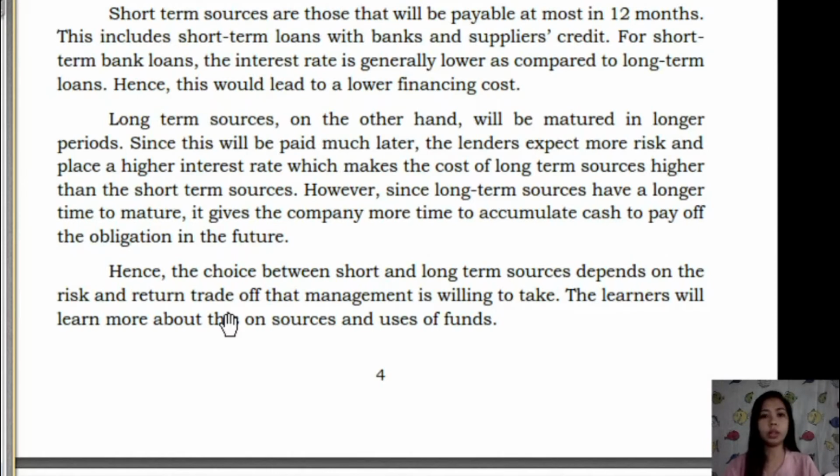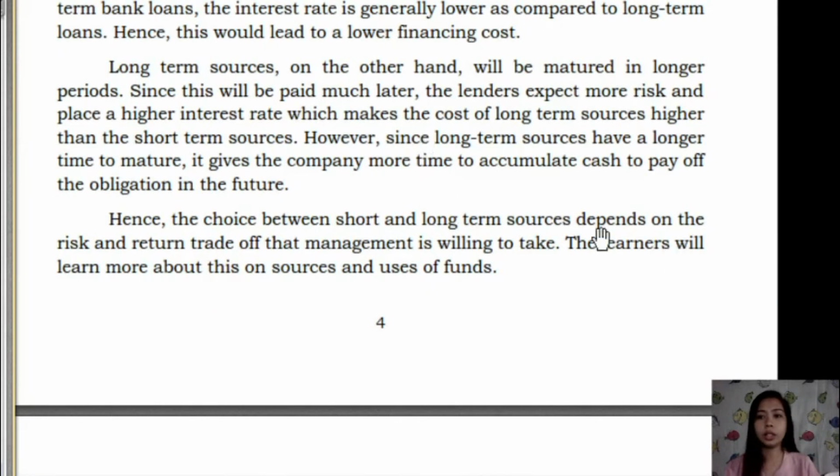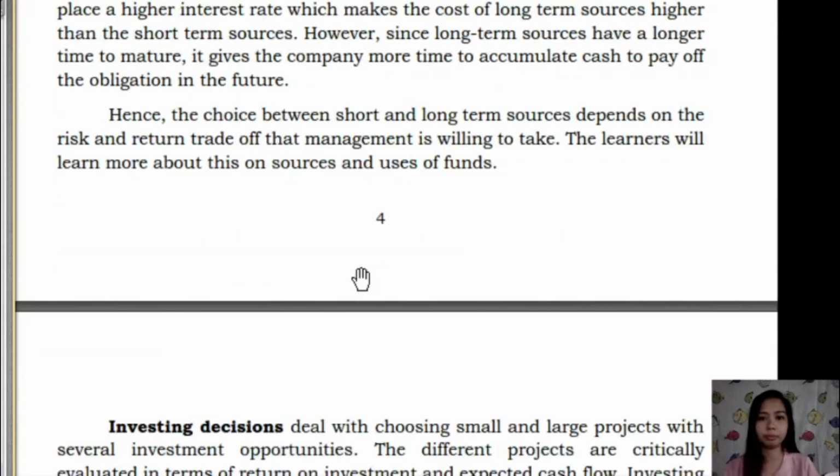If short-term, since lower ang interest rate niya, at least we should use it efficiently pa rin. Okay, so the learners will learn more about this on sources and uses of funds, I think in Module 4 or 5.